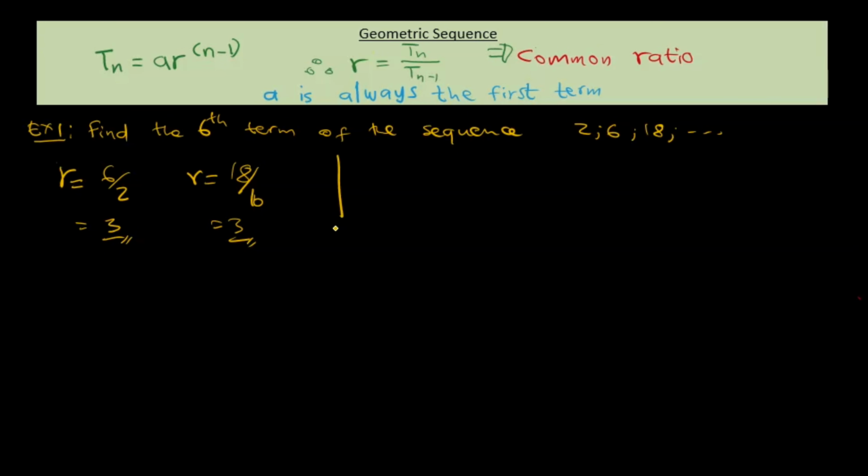What else do we know if we get a common ratio? a is always the first term. The first term here is 2, which means a equals 2. Our general nth term will be Tn equals 2 times 3 raised to (n minus 1). So that is our general nth term.